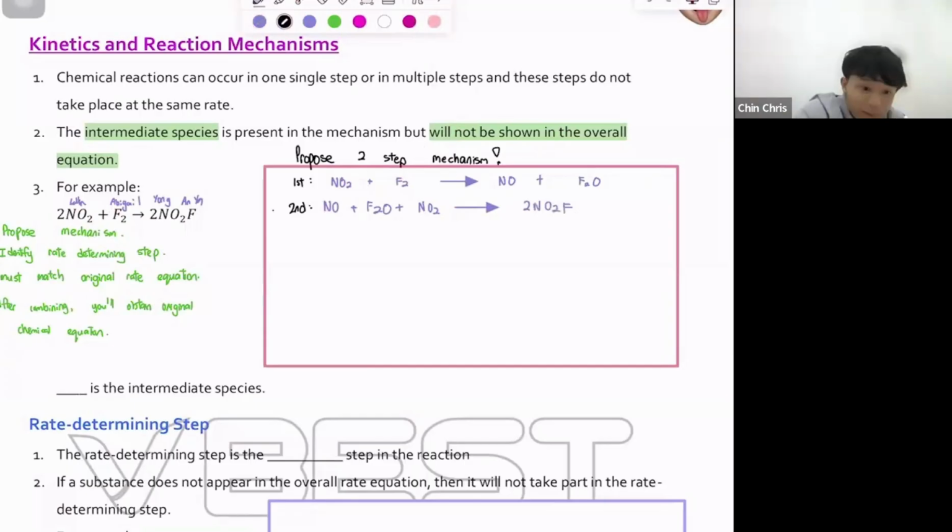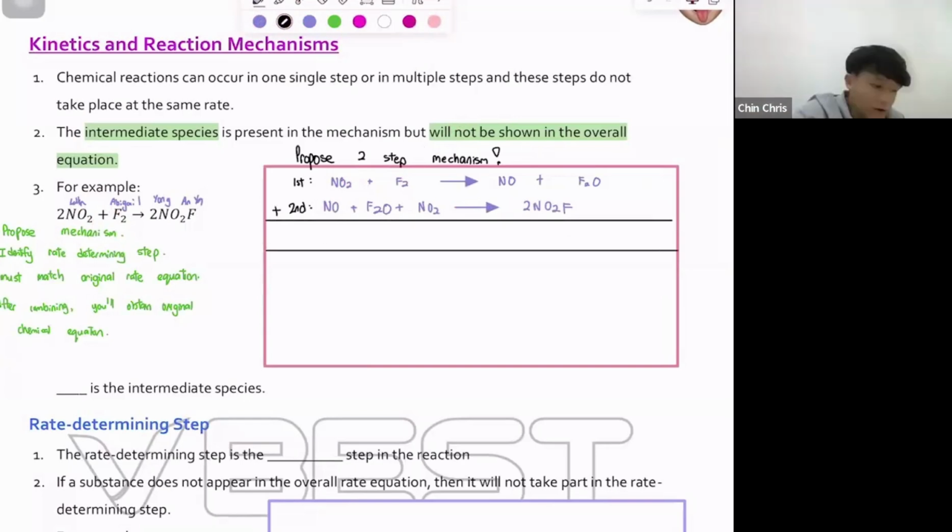Okay, so if I try to add them up, how do I know whether my answers are wrong? If you add them up, do you see that my intermediate species will cancel? NO cancels. What else? F2O cancels. And if you try to add them up, what will it be? 2NO2 plus F2 gives 2NO2F.